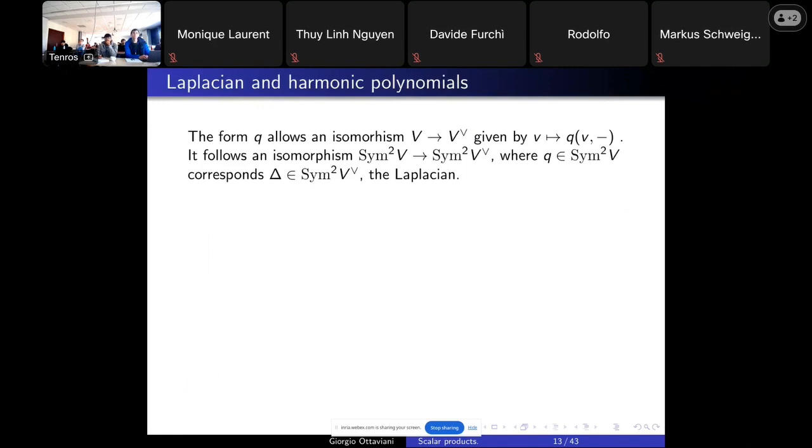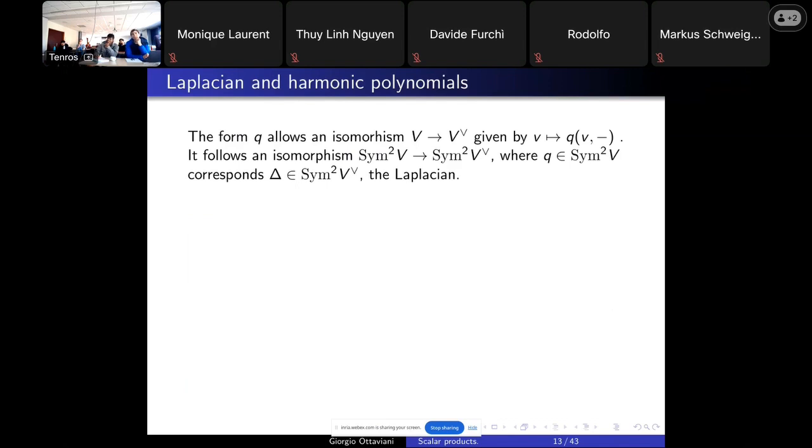And now that we have seen the importance of V versus V dual, take this isomorphism from V to V dual, which is given by v sending to Q(v, ·), no? That's the usual way.